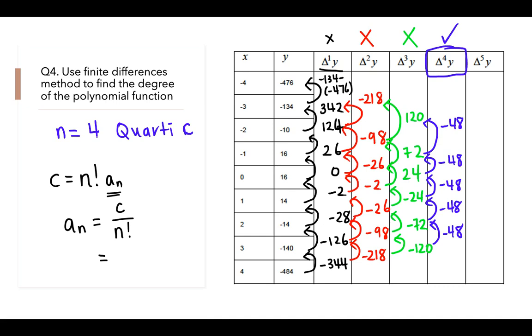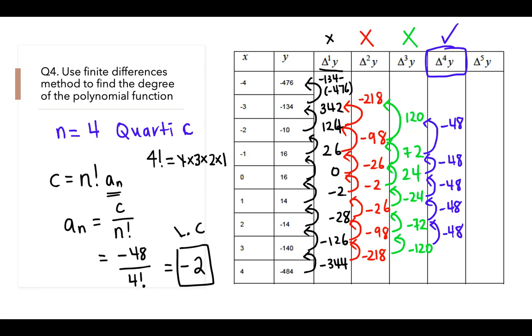We know what C is: the constant difference, negative 48, and n factorial means 4 factorial, which is 4 times 3 times 2 times 1. When you do that, it gives you negative 2. So the leading coefficient is negative 2 for this table of values.